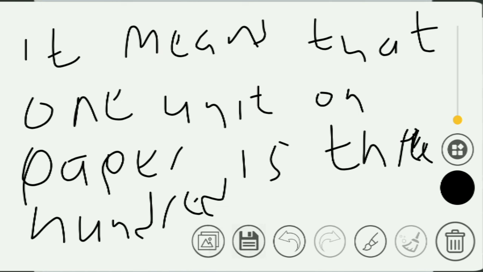It means that 1 unit on paper is 300 times bigger in real life. So that's it, guys. This is all of question 1, Paper 1, Maths Lit.